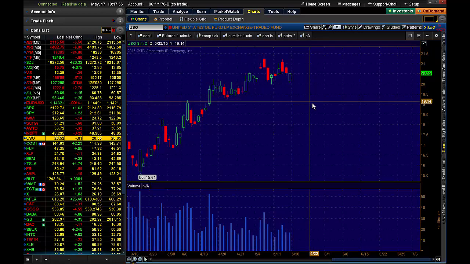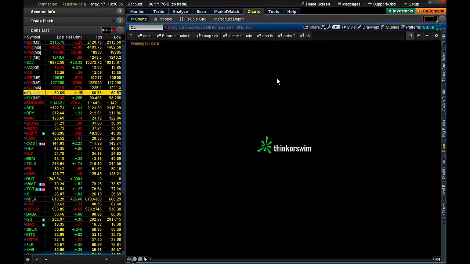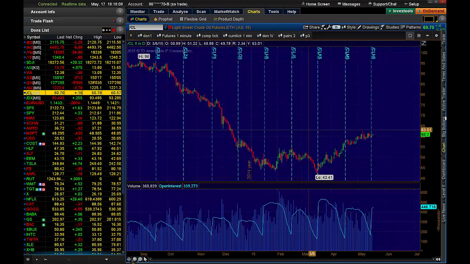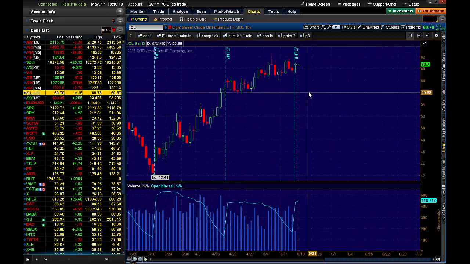Because in the USO, down here at this 19 level, you may not necessarily see any specific support or resistance. However, if you look at the oil contract itself, that 19 level represents somewhere in the neighborhood of about the 56 level.